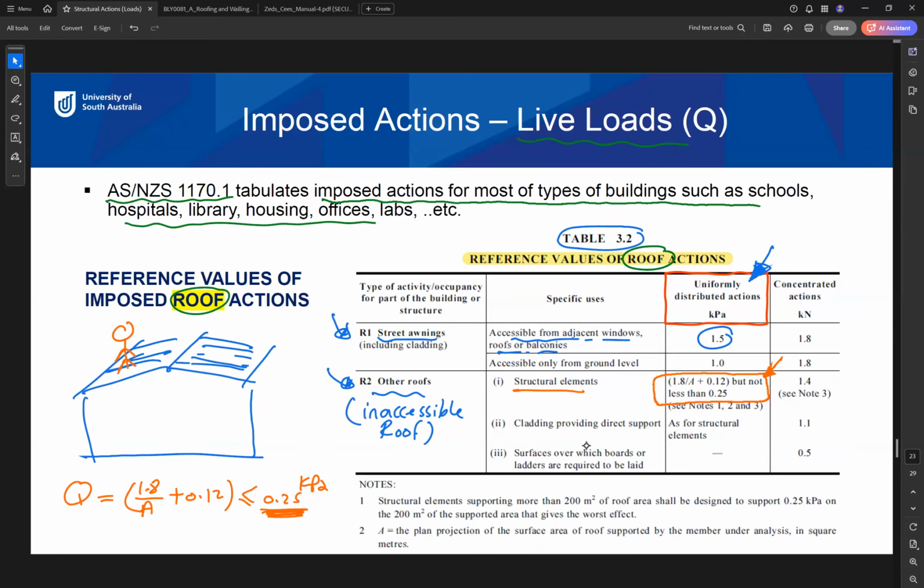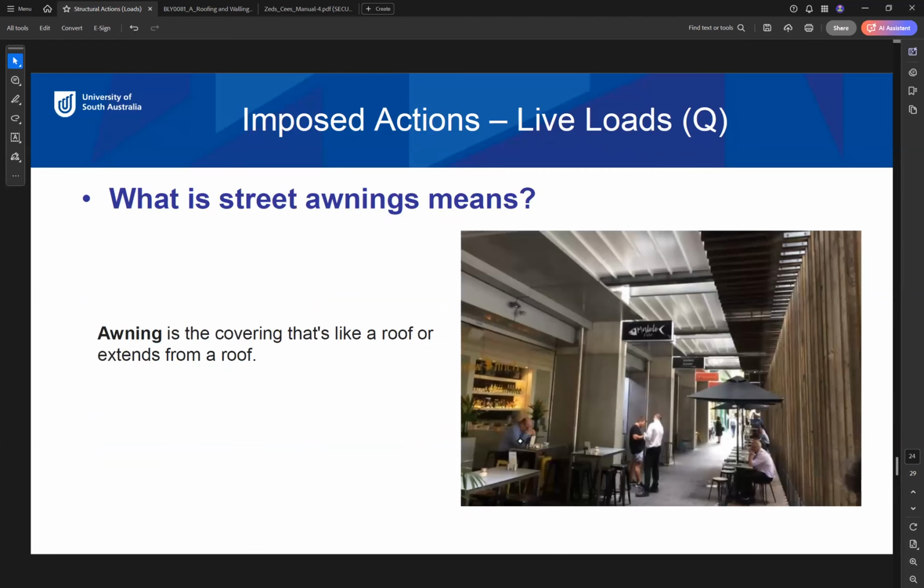In here we have mentioned street awnings. This is an explanation of what street awnings mean. So a street awning is similar to something like this. It is like covering a part of the street to be used for example by cafes or any other use. On top of that, people in this building or in this building can use this roof.